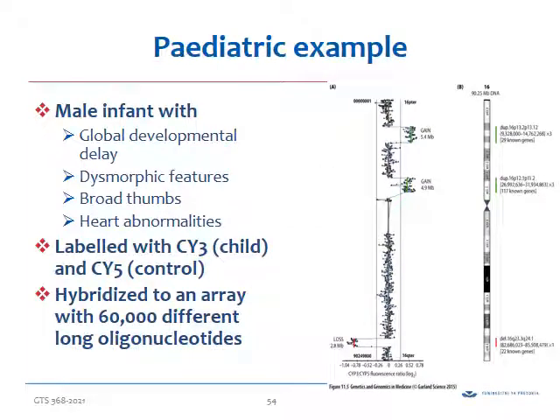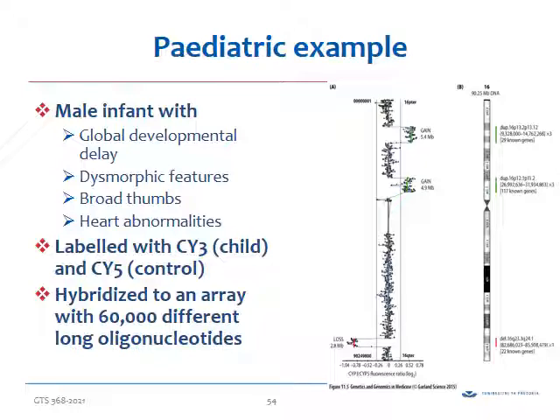Here is an example of a male infant with global developmental delay, who has dysmorphic features, broad thumbs, and heart abnormalities. In this child, the child's DNA was labeled with CY3 and the control with CY5.